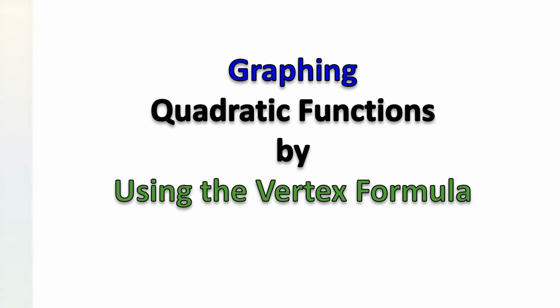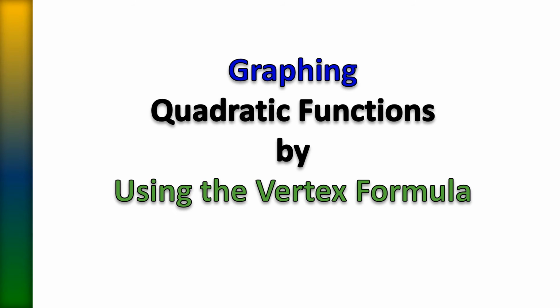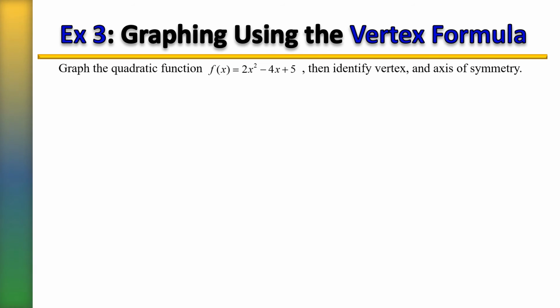The last method we're going to introduce with graphing quadratic functions is using the vertex formula. So you can use the vertex formula, especially if you have the equation in the general or standard form.